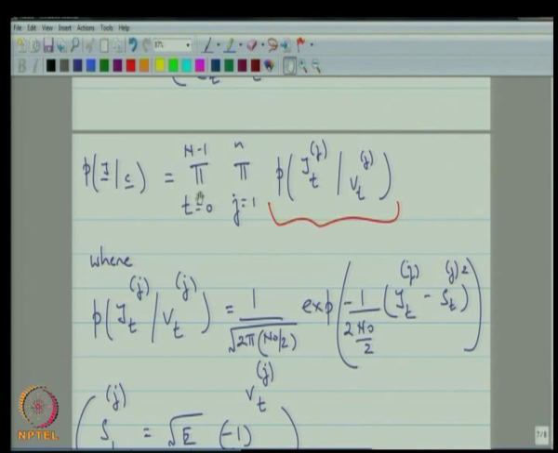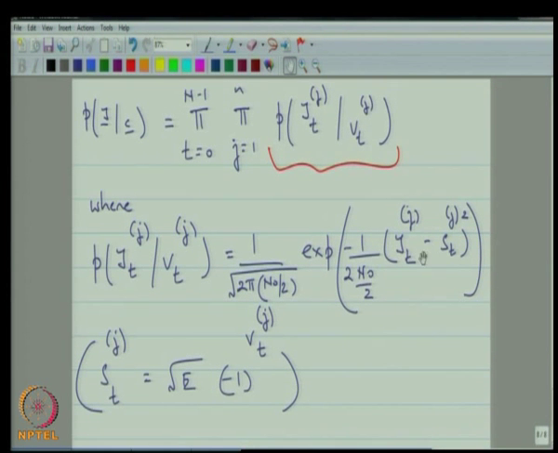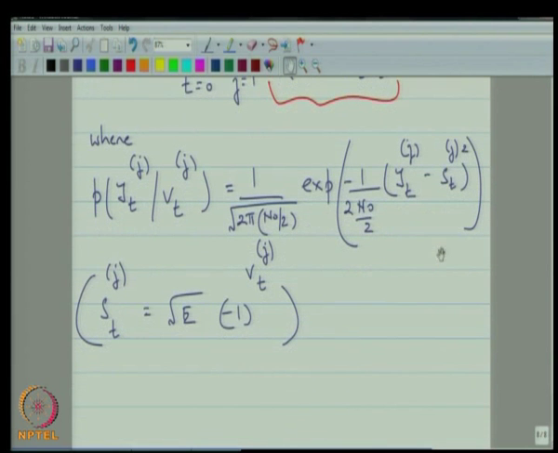Now, it is clear that if you wanted to maximize this quantity, what you really need to do is minimize this exponent. Because of the negative sign, you want to minimize this. These are constants which do not affect the maximization. So, you want to actually minimize this distance.